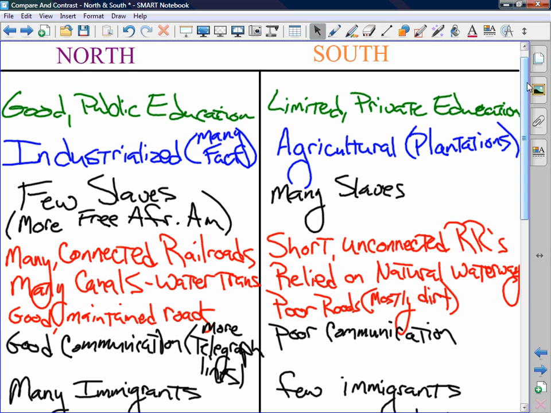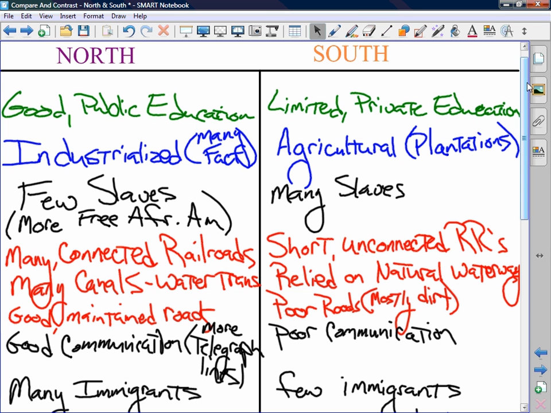Okay, the North because they have more money to pay for the war. The North because they have more factories to make weapons. Okay, the North has more railroads, easier to ship supplies and troops for this war.